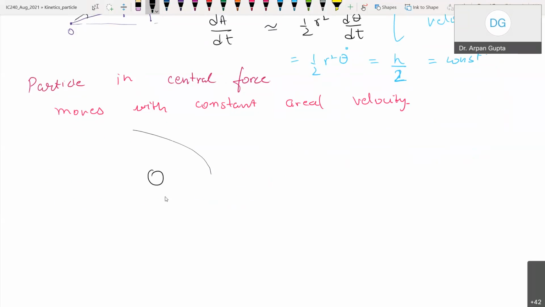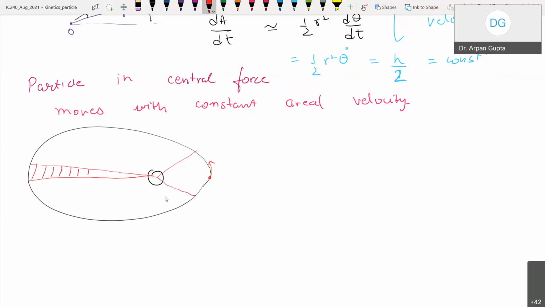And again, the same thing can be expressed here as well. So if a particle is moving here, because the radius is small, in the same interval of time, if we consider a far off distance, it will cover less theta, so that the area covered is the same in the same interval of time.